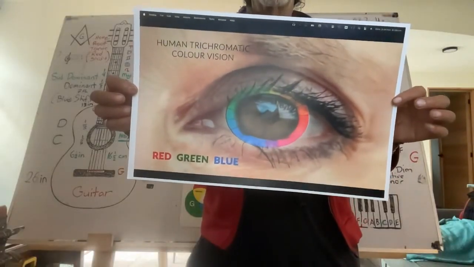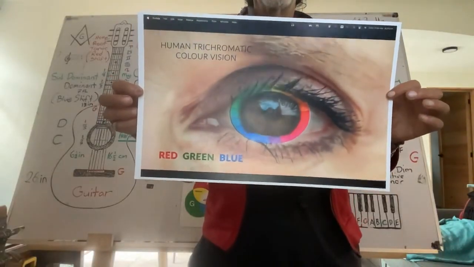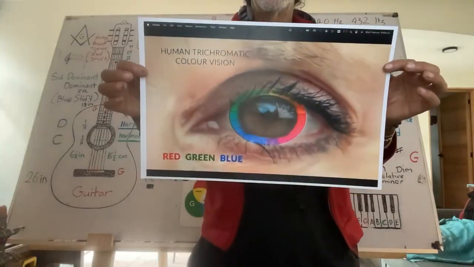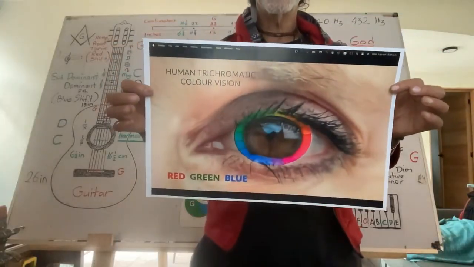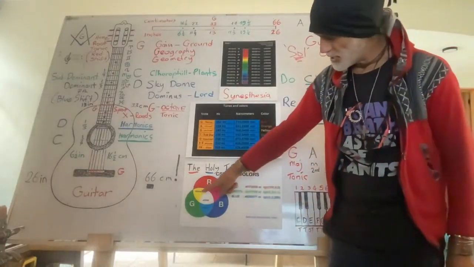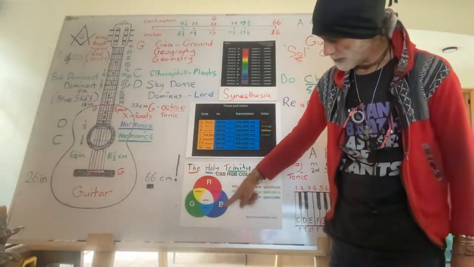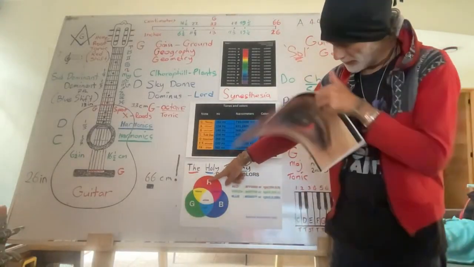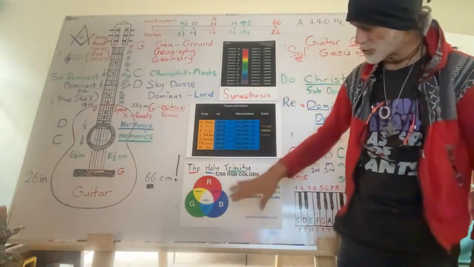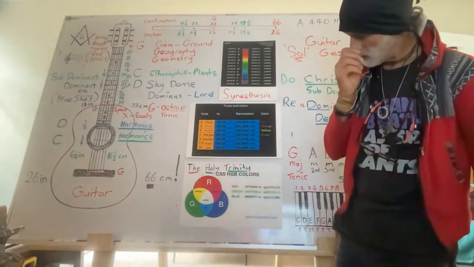And it sees red, green, blue, okay, RGB. Colorblind people are dichromatic. Like horses, they can only see yellow and blue. They can't see red, because they're dichromatic. They're partially colorblind.